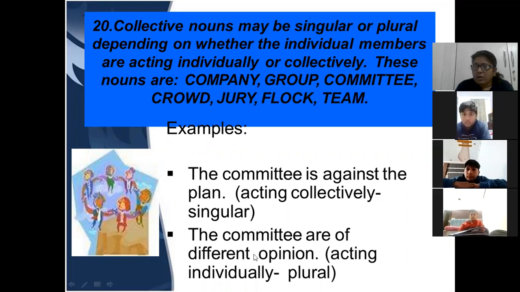So they are of different opinion. Here they are acting plural, individually they are plural. Okay, this is the difference. The committee is against the plan, one committee. The committee are of different opinions, means different committees are giving their different views.